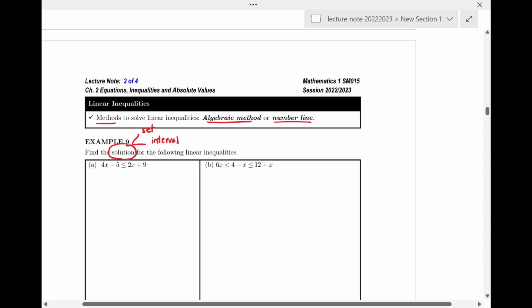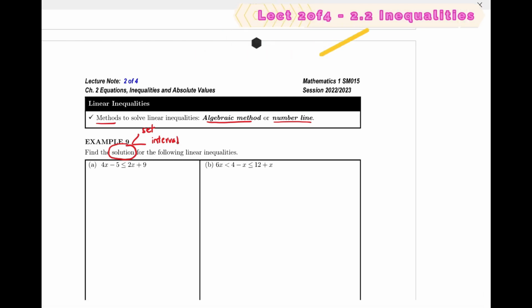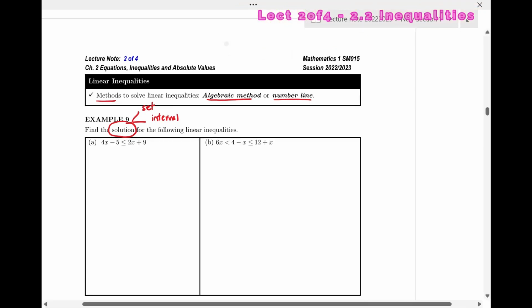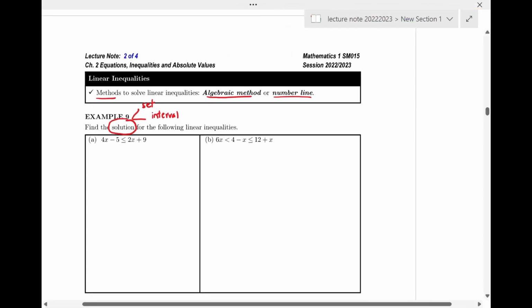I'll show you what these forms are, and it depends on the question. If they do not specifically ask for a solution set or interval set, it's up to you to leave the answer as you like. For the first one, part A, this of course is an inequality because we have the inequality symbol, less than or equal to. This is very simple.